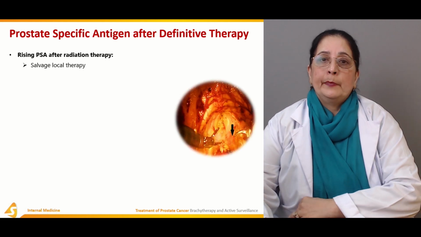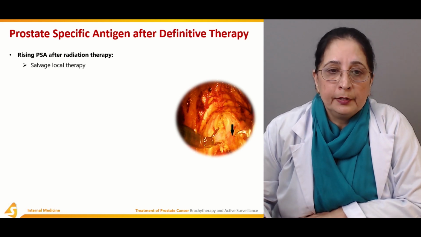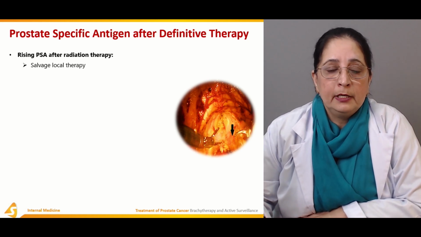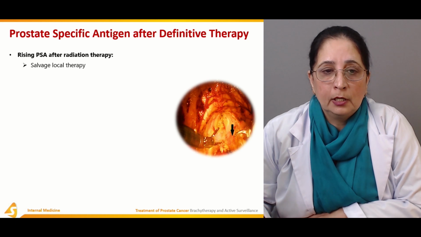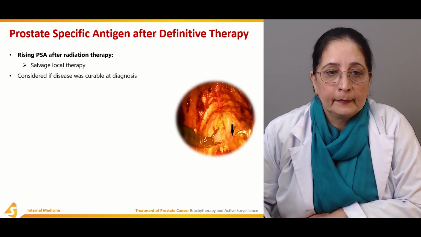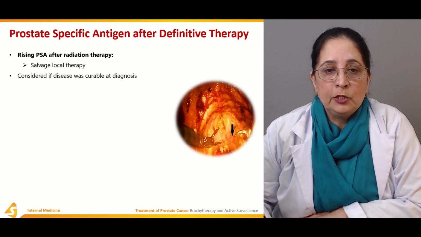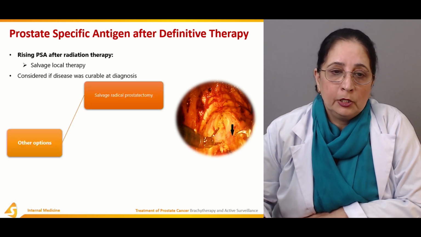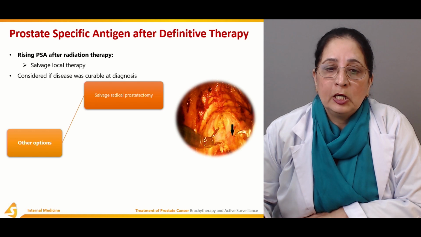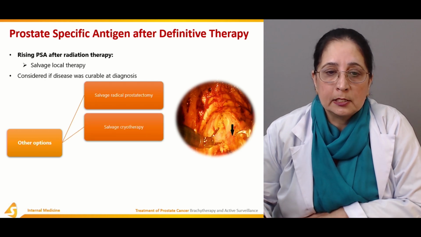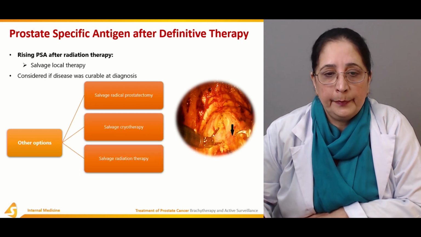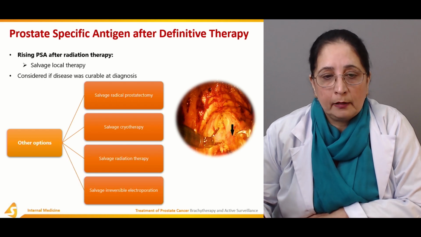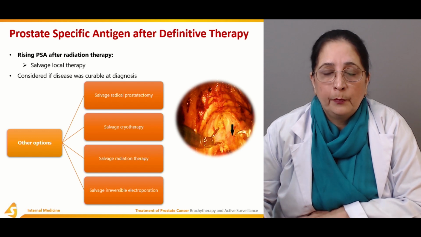Rising prostate-specific antigen after the radiation therapy, we use the salvage local therapy. Considered if disease was curable at diagnosis. Other options are salvage radical prostatectomy, cryotherapy, radiation therapy, and irreversible electroporation.